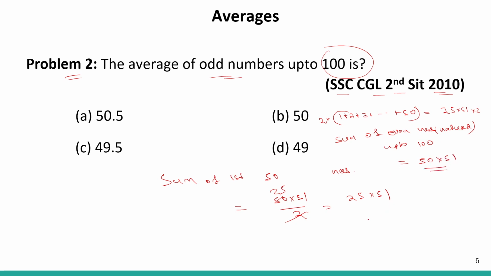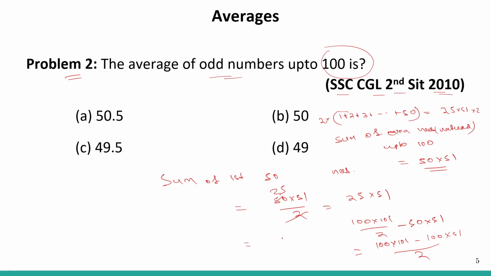Now we know the cumulative sum of all numbers up to 100 is 100 into 101 by 2. This much minus 50 into 51 is the cumulative sum of all natural odd numbers up to 100. So this is 100 into 101 minus 100 into 51, by 2.